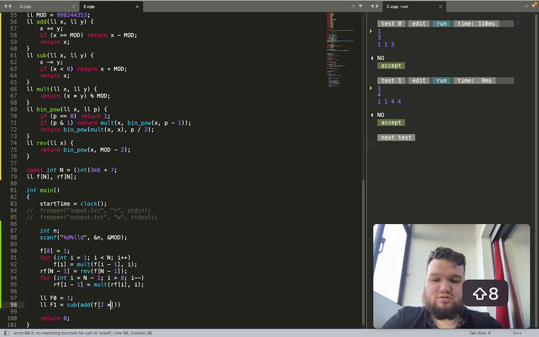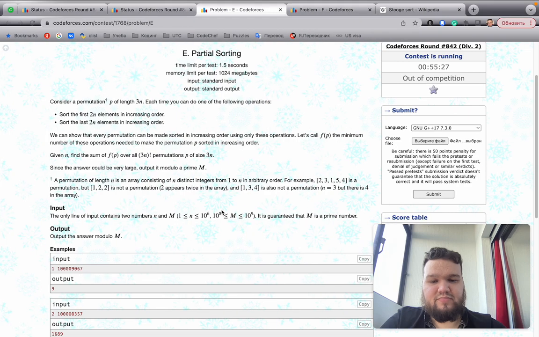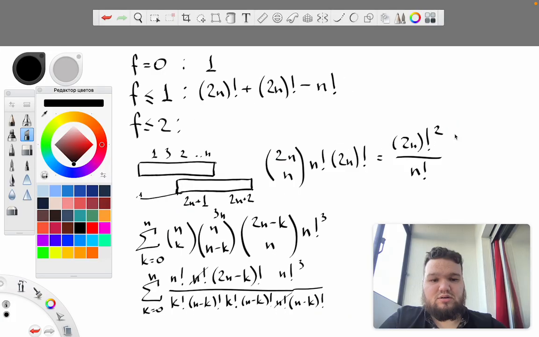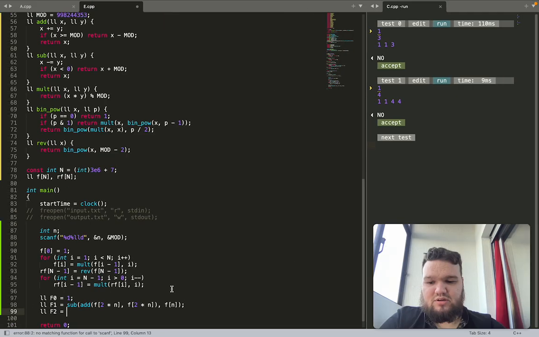So it's add 2n factorial and then subtract n factorial. So f2. Okay, I can do that.